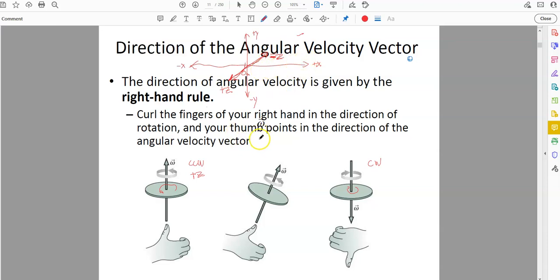Essentially, what you can say is this, that counterclockwise is considered positive z, and clockwise is considered negative z, okay? Which is kind of weird, because if you have a wheel, let's say we have a wheel and it's rotating to the right, it's rotating clockwise, which direction would that go?